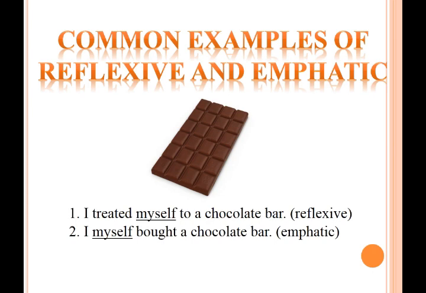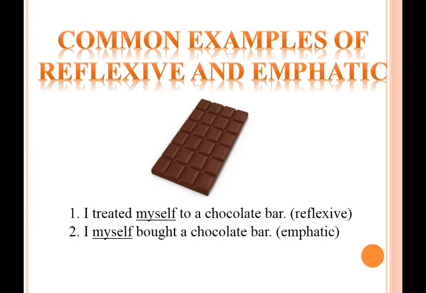Now let's see an example which will help you to understand the difference between reflexive pronoun and emphatic pronoun. I treated myself to a chocolate bar. In this, the word myself is both subject and object. So this is a reflexive pronoun.